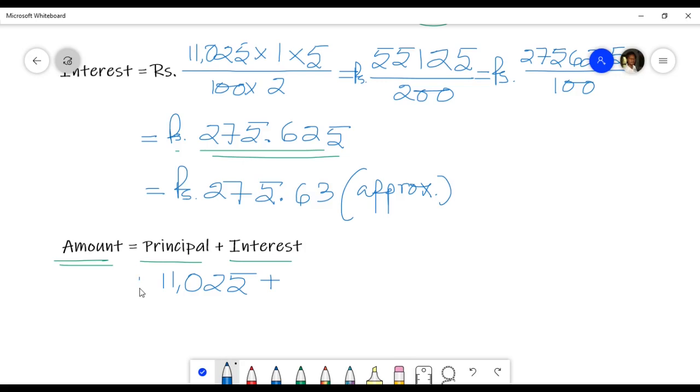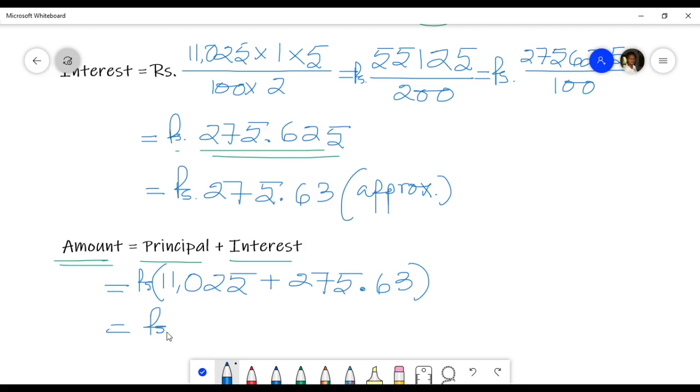Right, so the amount will be equal to the principal plus interest, that is rupees 11,025 plus rupees 275 and 63 paise. And when you add this up, you will get the value for the amount. Okay, so let us add it up.